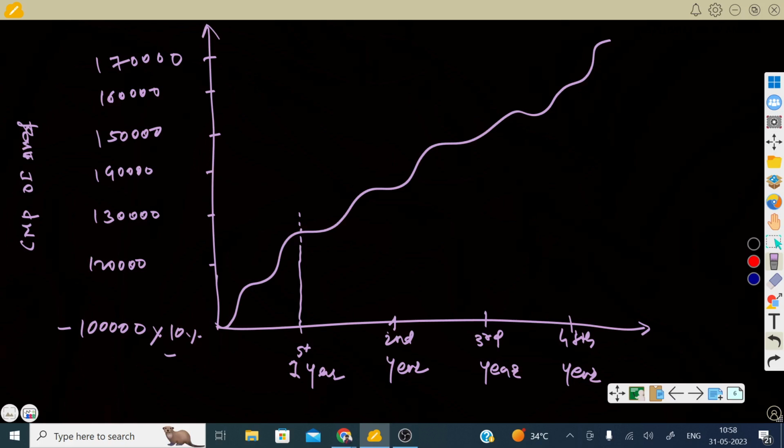So now tell me, as an accountant, what would be your course of action? How will you execute this transaction in the books of account? How will you calculate the proceeds and all? I've asked a question to you. The investment was for 4 years, right?